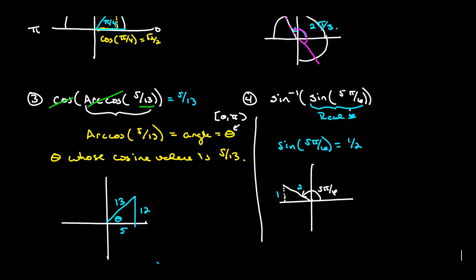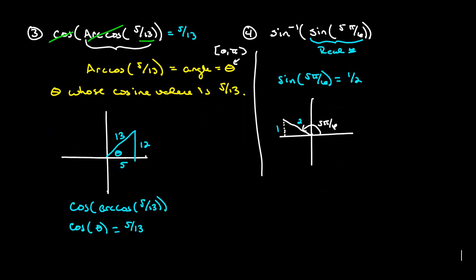When we replace this piece with 1/2, because they're equal, the full thing looks like this: the inverse sine, or arc sine, of the sine of 5 pi over 6 is equal to the arc sine of 1/2. Now, what is the arc sine of 1/2?